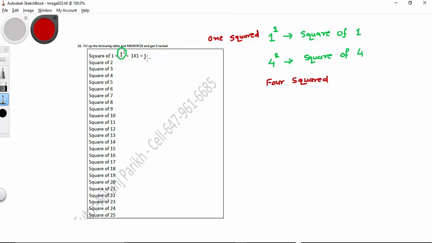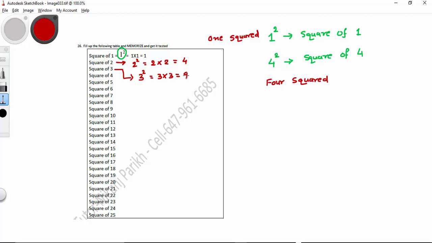And in the standard form, 1 times 1 is 1. Yes or no? Similarly, square of 2 is 2 squared, which is equal to 2 times 2 is equal to 4. Square of 3 is 3 squared is equal to 3 times 3 is equal to 9.